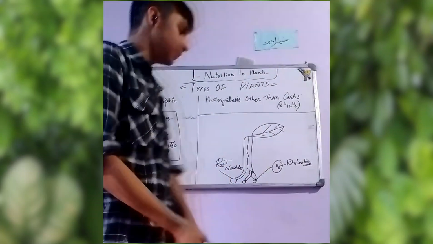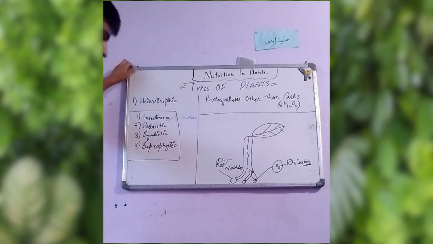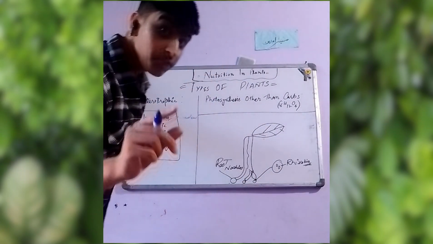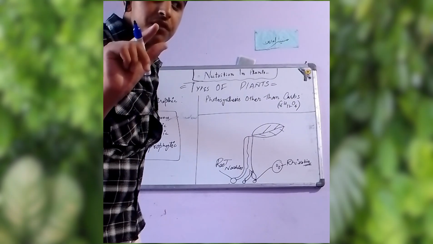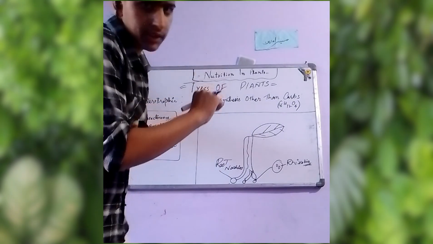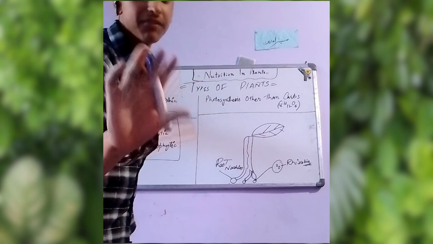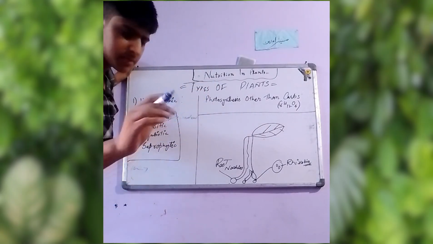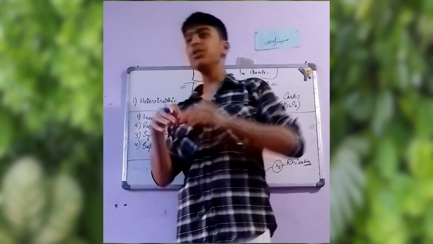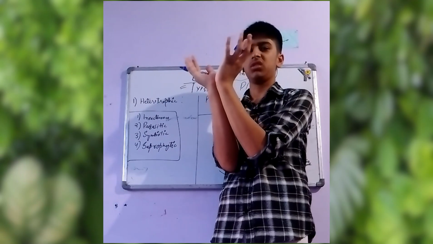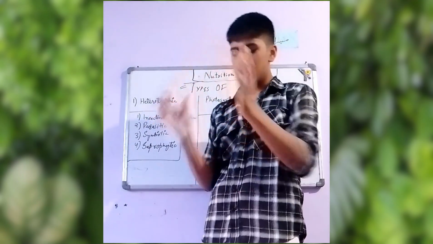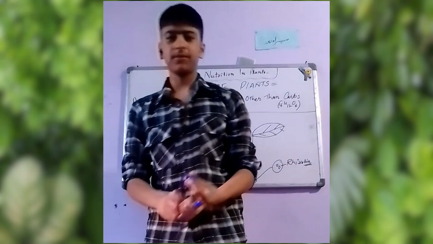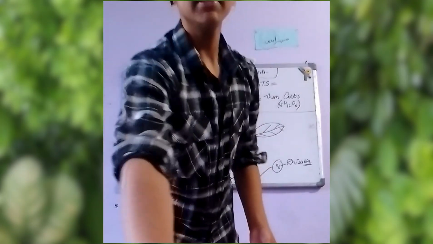I will give you an example of pitcher plant or Venus flytrap. Venus flytrap is very easy. You will understand it. So what is Venus flytrap? Venus flytrap is a plant which has two flap-like structures.